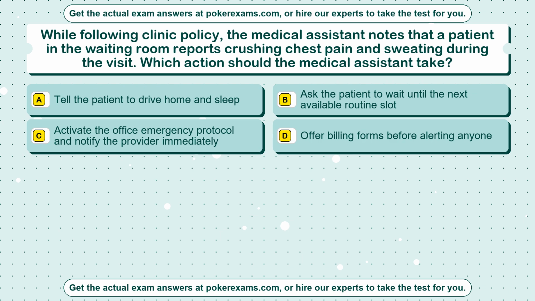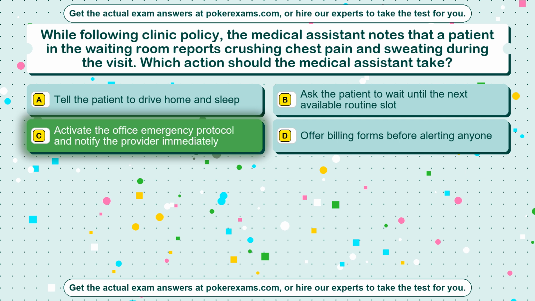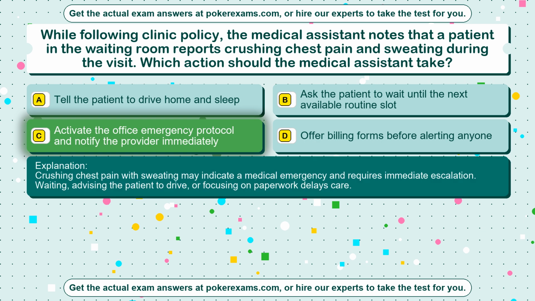Option D, offer billing forms before alerting anyone. The correct answer is option C, activate the office emergency protocol and notify the provider immediately. Crushing chest pain with sweating may indicate a medical emergency and requires immediate escalation. Waiting, advising the patient to drive, or focusing on paperwork delays care.